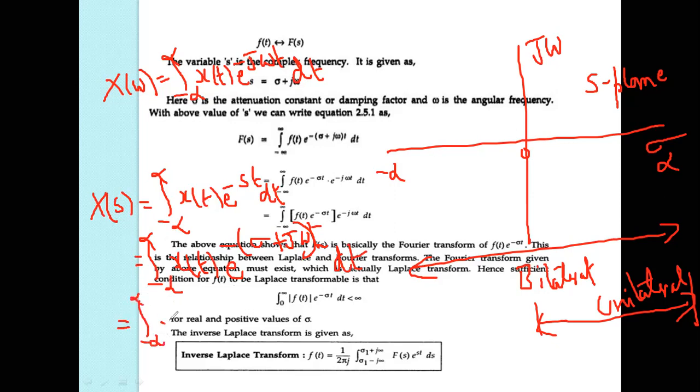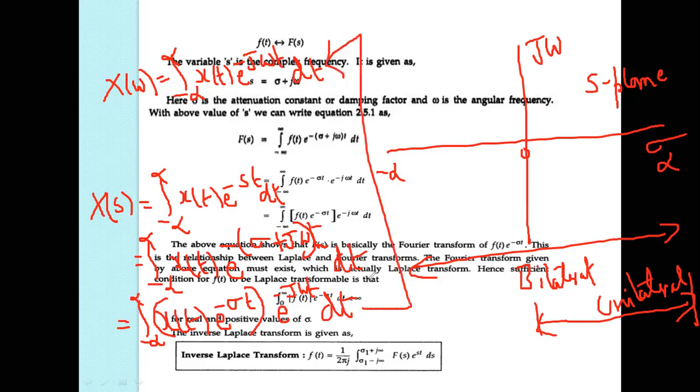After splitting the exponential, x of t into e power minus sigma t as one function, times e power minus j omega t dt. So now you can observe here that the Laplace transformation and the Fourier transformation are the same. Instead of x of t, here it is x of t into e power minus sigma t, which is a Fourier transformation function only.